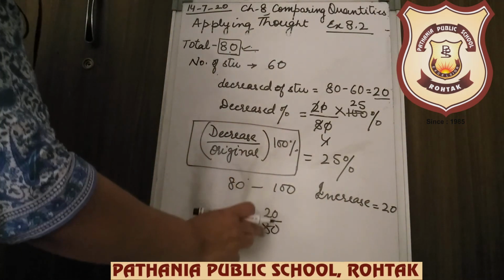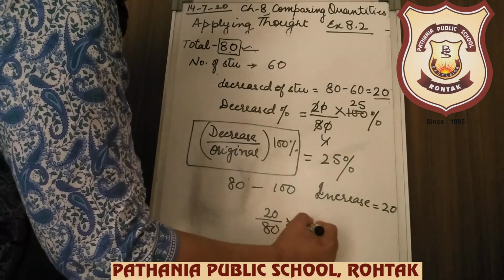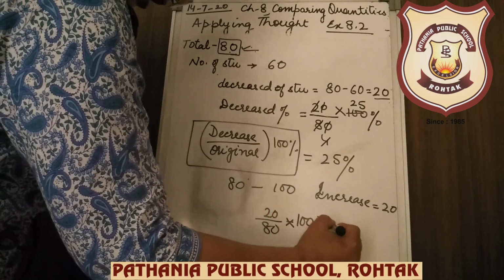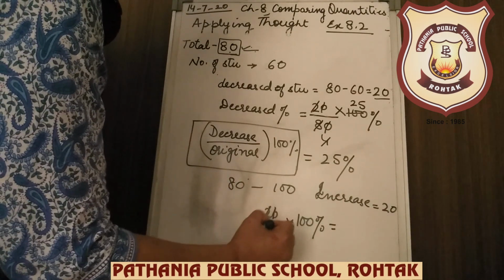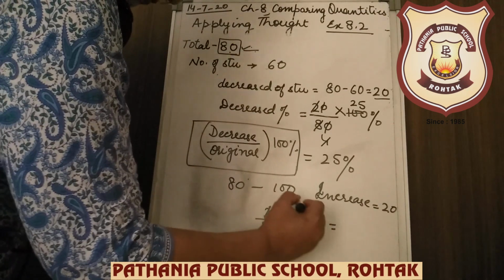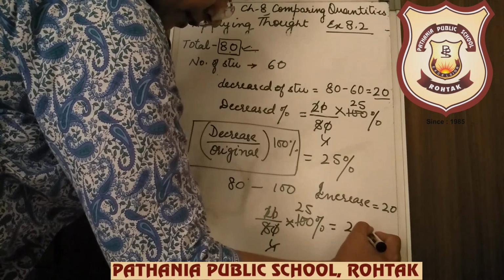So 20 upon 80 multiplied by 100%, and this will give you the answer, which is the same, 25%, but now this is your increase.